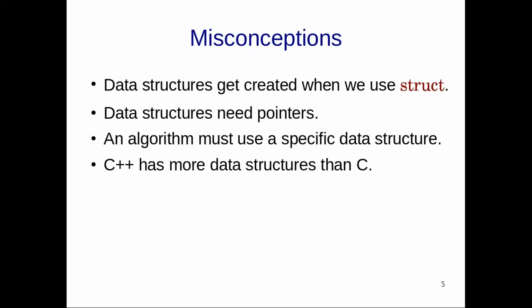C++ has more data structures than C? This is something which I have heard. There is nothing like that. All the data structures that we will see in C are going to be possible in C++ and vice versa. This misconception comes primarily because many of you might be aware that there is the STL, or standard template library, in C++, which allows you to make use of the existing data structures which are already there.